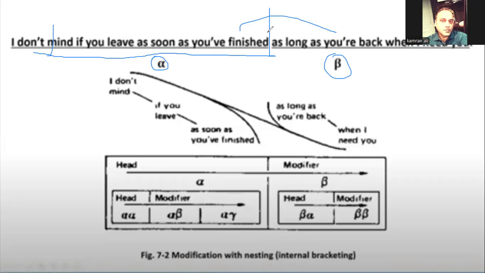But I can't say I don't mind as long as you're back when I need you. To say that, I have to remove this whole clause, if you leave as soon as you have finished. So that means if you leave as soon as you have finished is also pretty important, right?